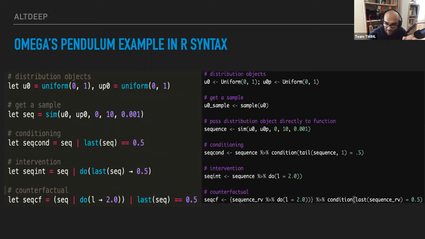So I'm assuming that you have some kind of function called condition. In R, these pipe operators are kind of %-things. What you can do is take the output of the first expression and plug it into the first argument of the second expression. So I'm assuming that there's some function called condition that takes in a random variable, and the second argument is an expression.